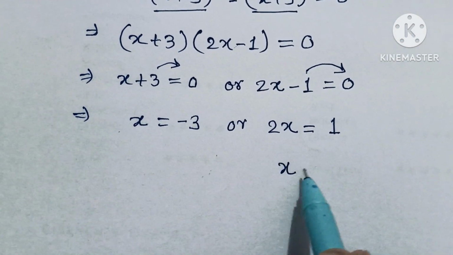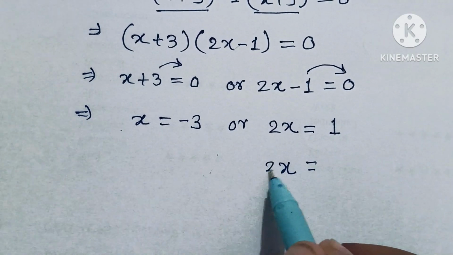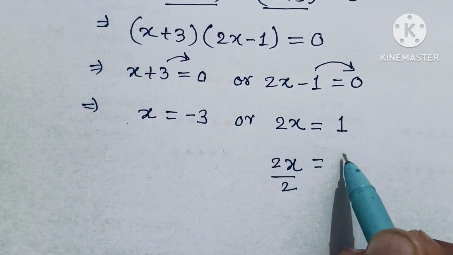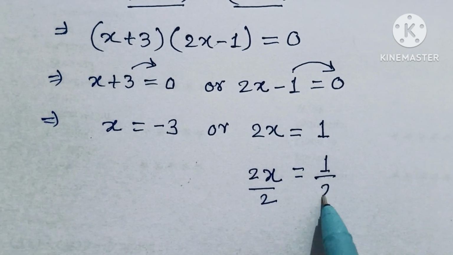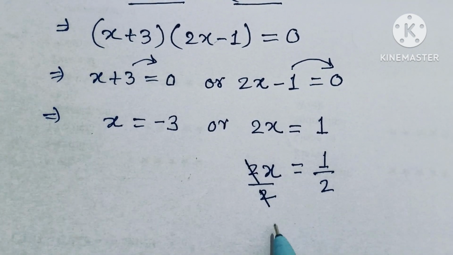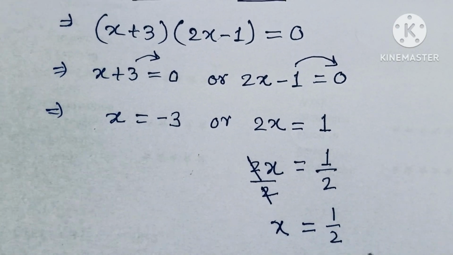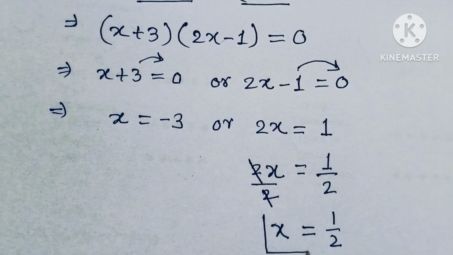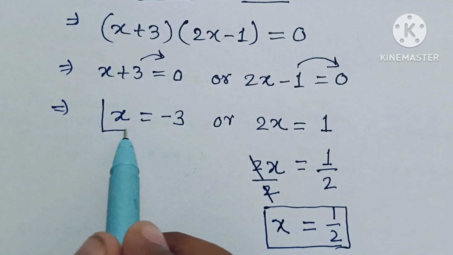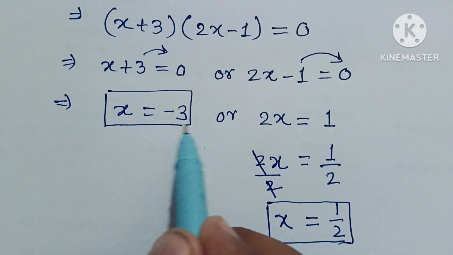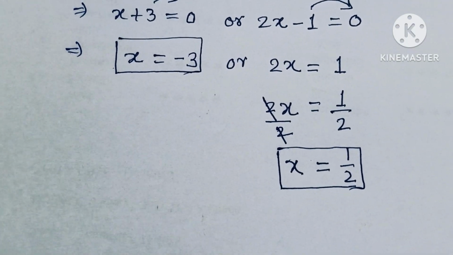Here x equal to, divide both sides by 2. We get 1, here also divided by 2, here 2 will be cancelled. So here we get x equal to 1 by 2. So this is the value x equal to 1 by 2, and here x equal to minus 3. Okay, so this is the solution of the quadratic equation.